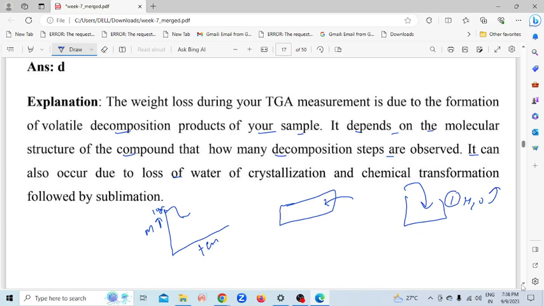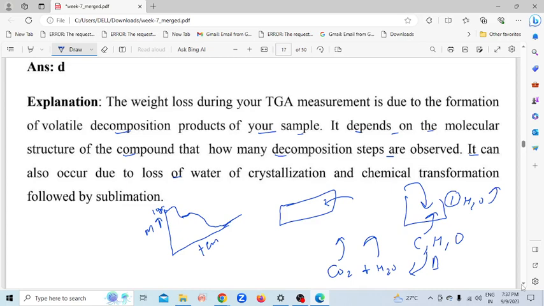This filter paper is made of fibers like cellulose, which are made of hydrocarbon, CH and some oxygen also. When it decomposes due to energy, it will make CO2 plus H2O. When this CO2 and H2O are formed, they will be vaporized and it will lose weight. Finally it will be around 0. So this is a simple TGA curve.